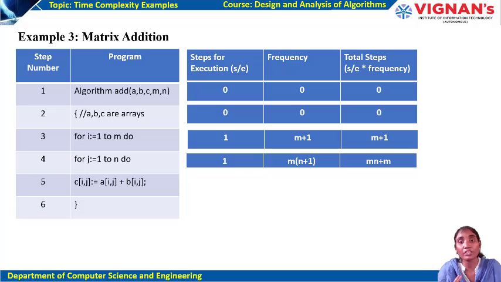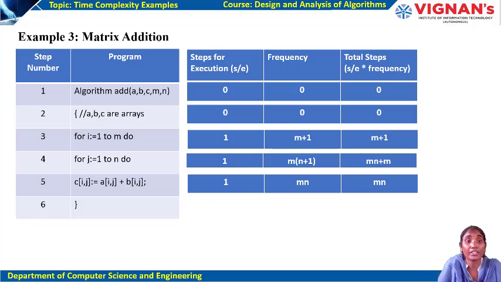Because the fourth statement is the inner for loop. So the inner for loop means it has to satisfy the outer for loop, then only it will enter into the inner for loop. That's why m into n plus 1. Together the total steps is mn plus m.